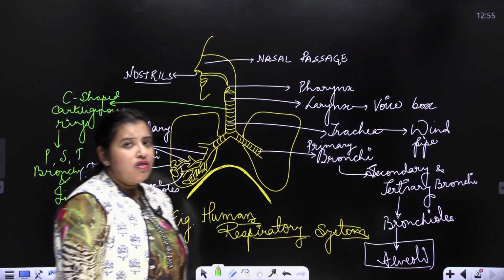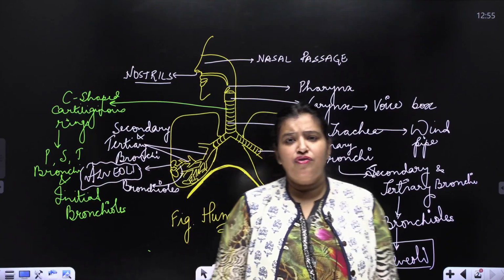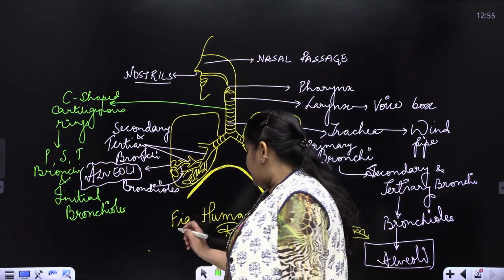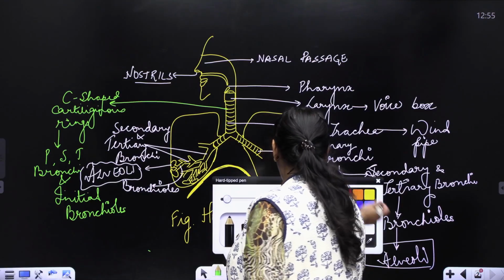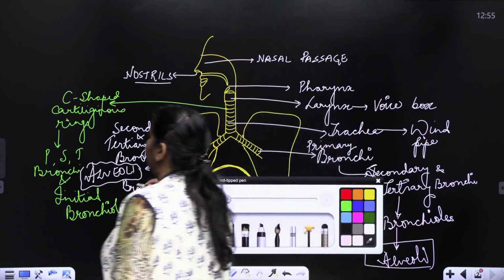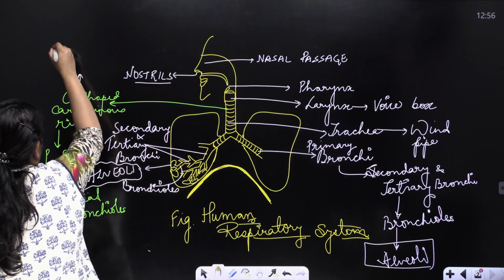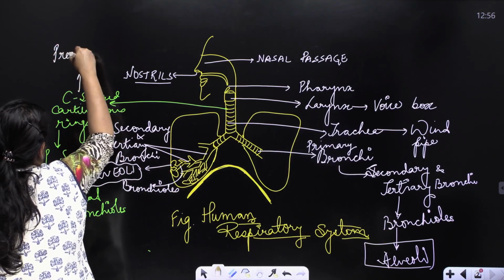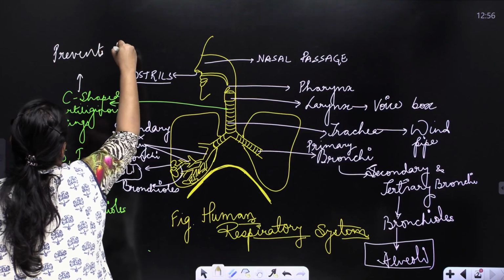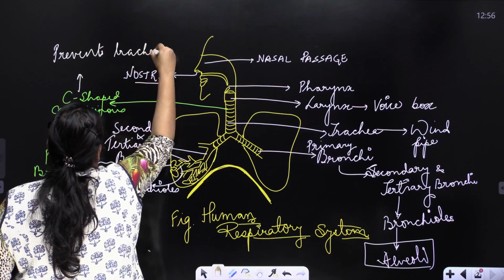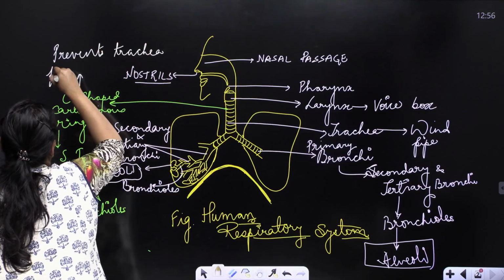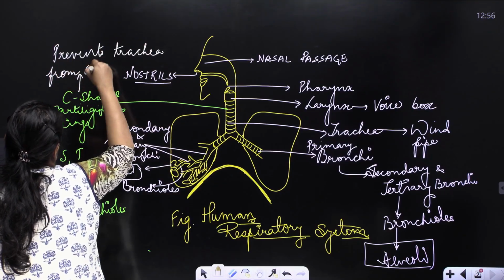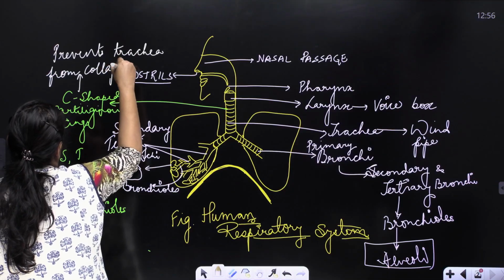What is the role of these C-shaped cartilaginous rings? The C-shaped cartilaginous rings prevent the trachea from collapsing.